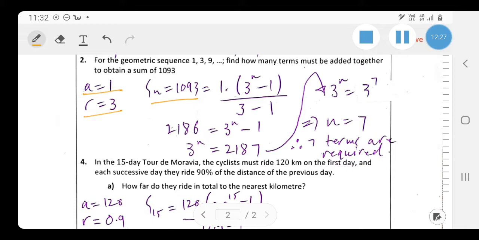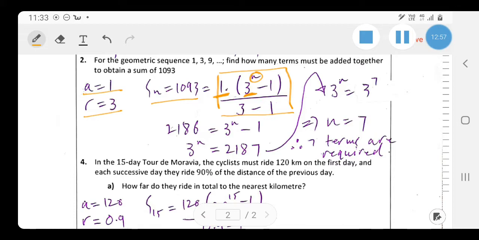So Sn equals 1093, but Sn also equals this business here from our formula: A times R to the n minus 1 over R minus 1. Okay, so we have 1093 equals 1 times bracket 3 to the n minus 1 over 3 minus 1.